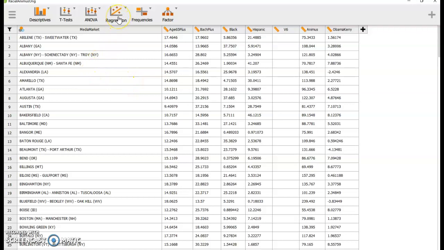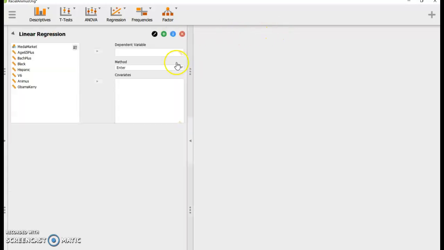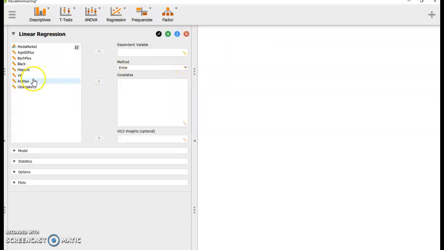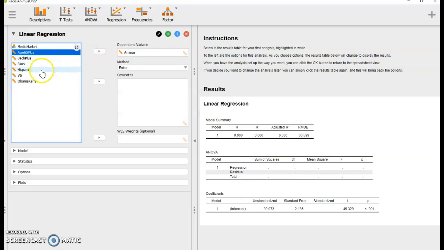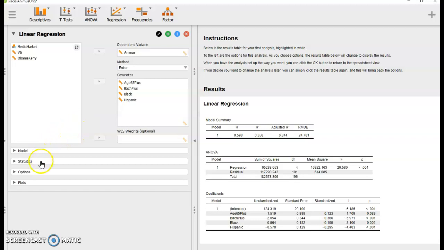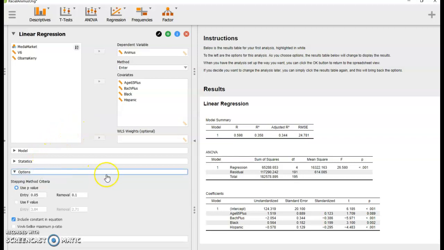Now if I run a regression, I'm going to run the original regression. In other words, I'm going to try to predict animus using these 4 predictors, and I am hoping that I have the opportunity to check for multicollinearity here in the options.